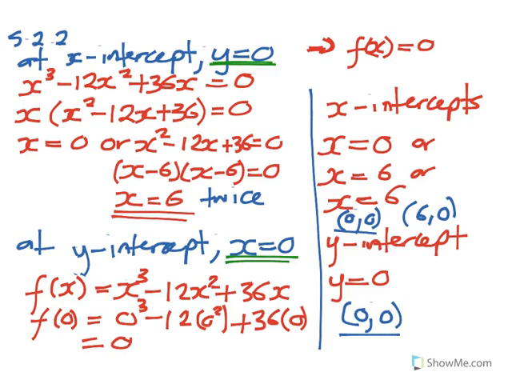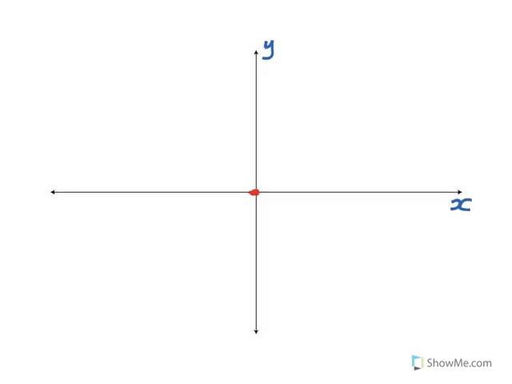So now, if we are going to sketch that point, I have pulled out my graph there. Remember, this is my y, and this is my x. Now, the first point that you must remember is that we had a point here, and that particular point was 0, 0. So I'm going to put it in coordinate form: 0, 0. And then the next point that I want to choose is this point here.